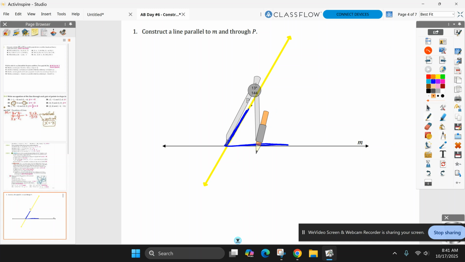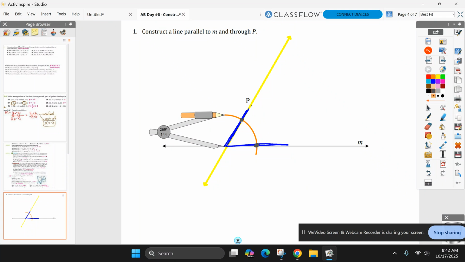You want to make an arc that intersects the angle you're copying in two spots. Don't try to make it huge, just nice and small. So you have two points of intersection. Mark those two points. Don't open or close your compass though, just mark it, because we're going to come back to those.